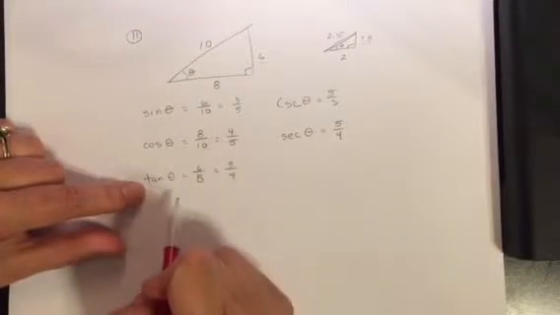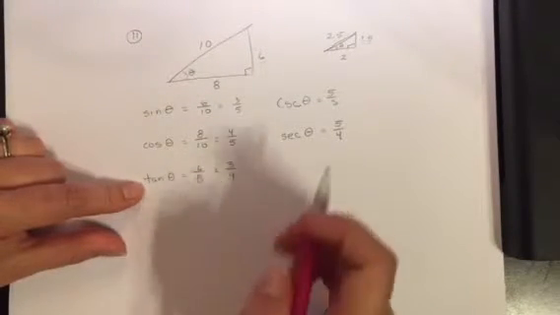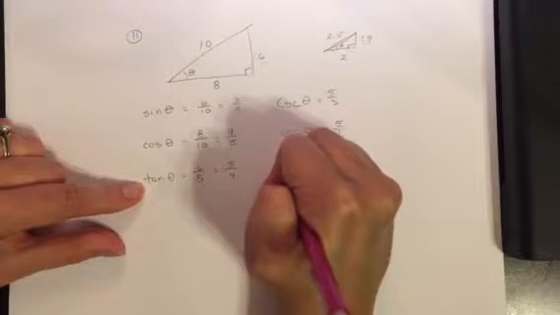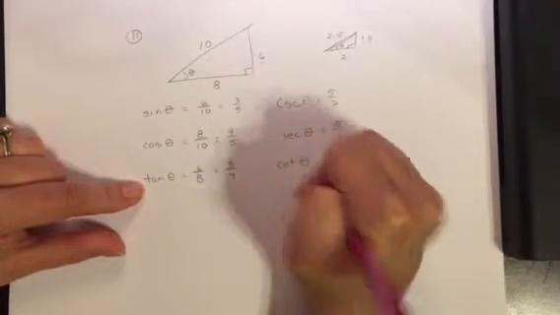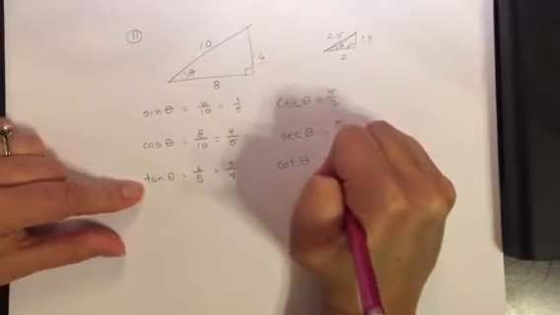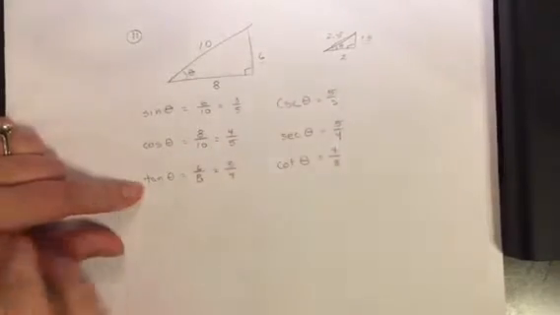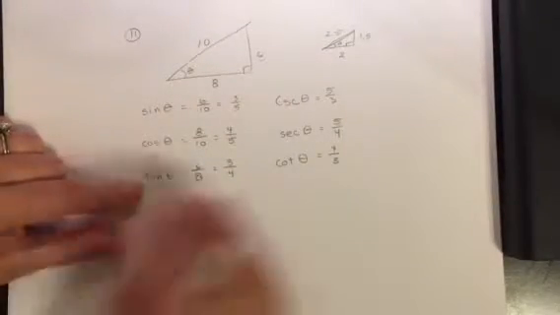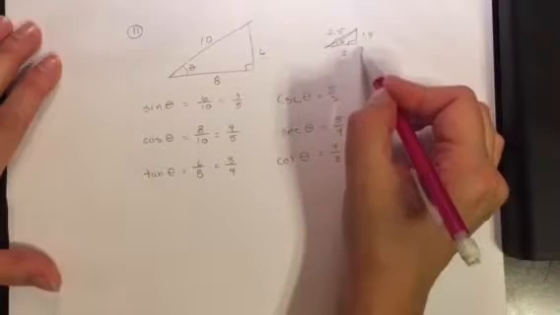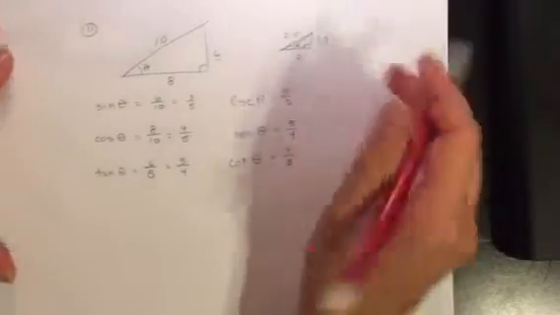And then if tangent is 3/4, then the reciprocal of that, cotangent theta, will be 4/3. Okay, so now let's look at this other triangle over here.